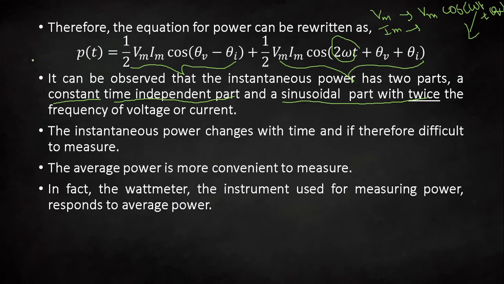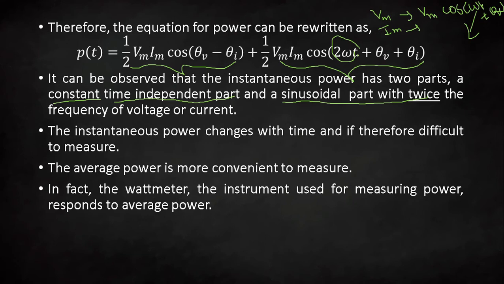Okay, and the first term is not a time varying quantity, so it is a constant. The instantaneous power changes with time, and therefore it is difficult to measure, because although the first term is not changing, your second part is changing with respect to time.